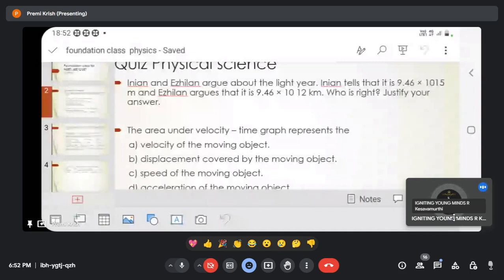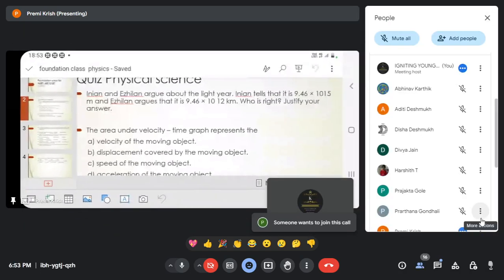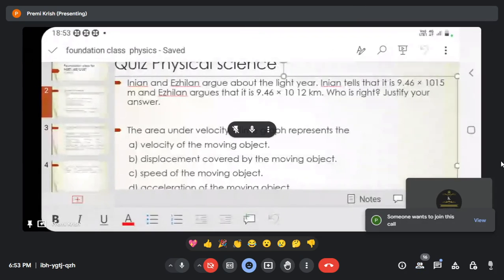Can anybody read this? Maybe Sabari, can you read it once? Inian and Elilan argue about the light year. Inian tells that it is 9.46 into 10 to the power 15 meter, and Elilan argues that it is 9.46 into 10 power 12 kilometer.